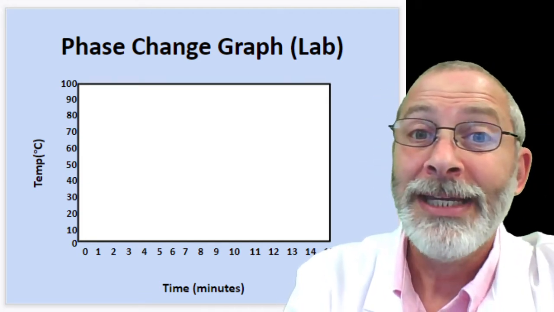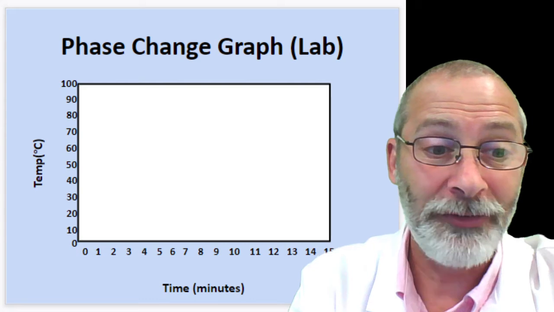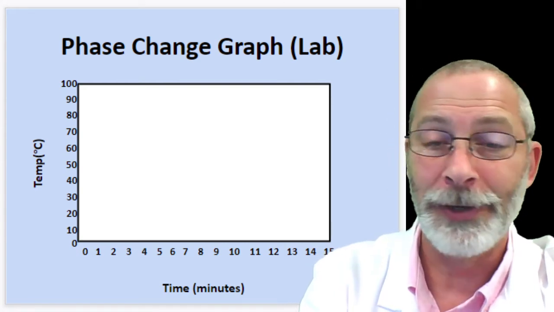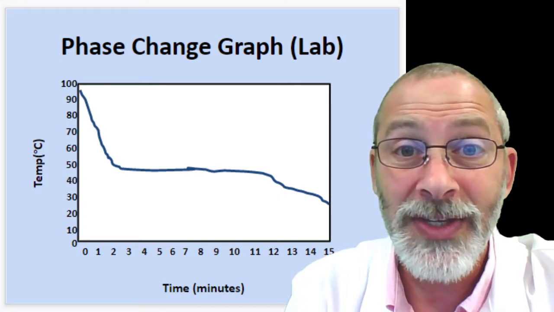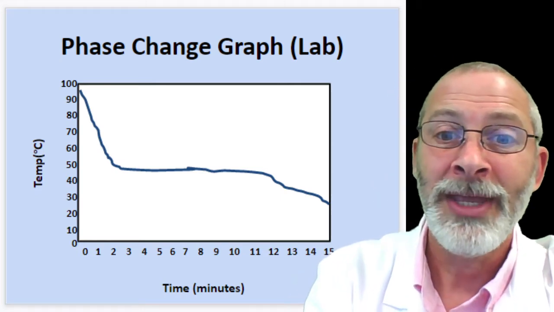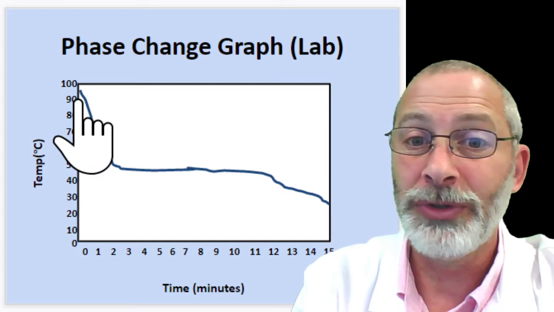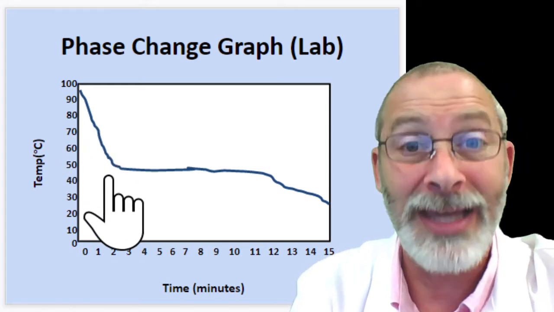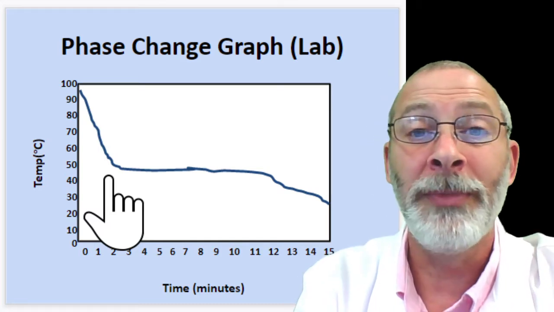All right. Now that you've completed your graph, I'd like you to compare it with the one that I constructed here. Does it look like this? Hopefully it does. And on this graph, you will notice that there was a dramatic decline in temperature for the first couple minutes.